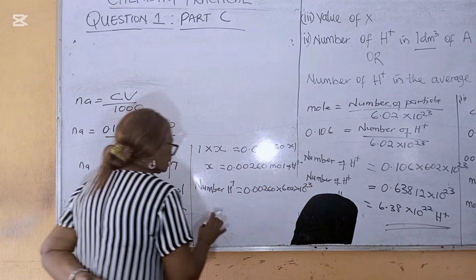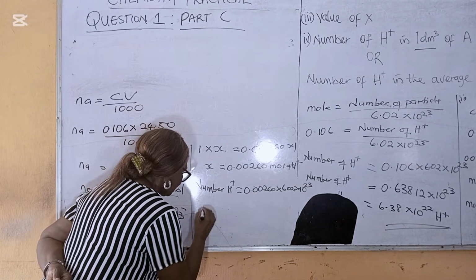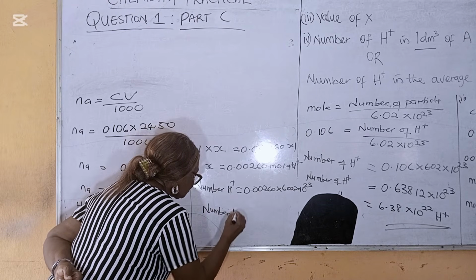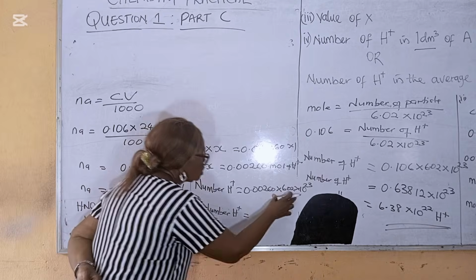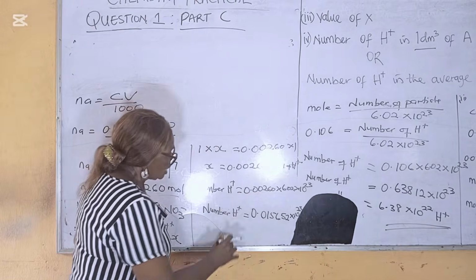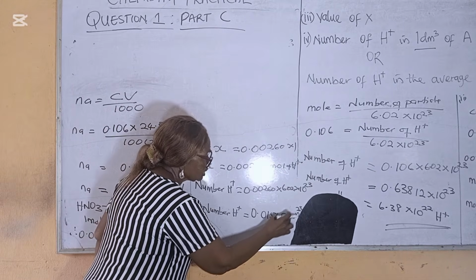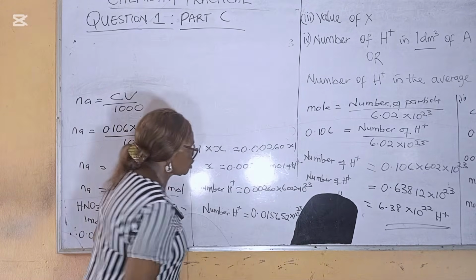You evaluate and approximate. That's very easy. Number of hydrogen ion is, when you evaluate, you have 0.015652 times 10 to the power 23.